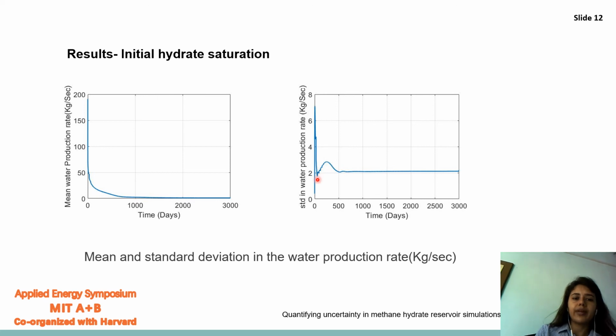The water production rate is more sensitive to the uncertainty in initial hydrate saturation than the porosity of the reservoir, while the gas production is more sensitive to the porosity of the reservoir than the initial hydrate saturation of the reservoir.